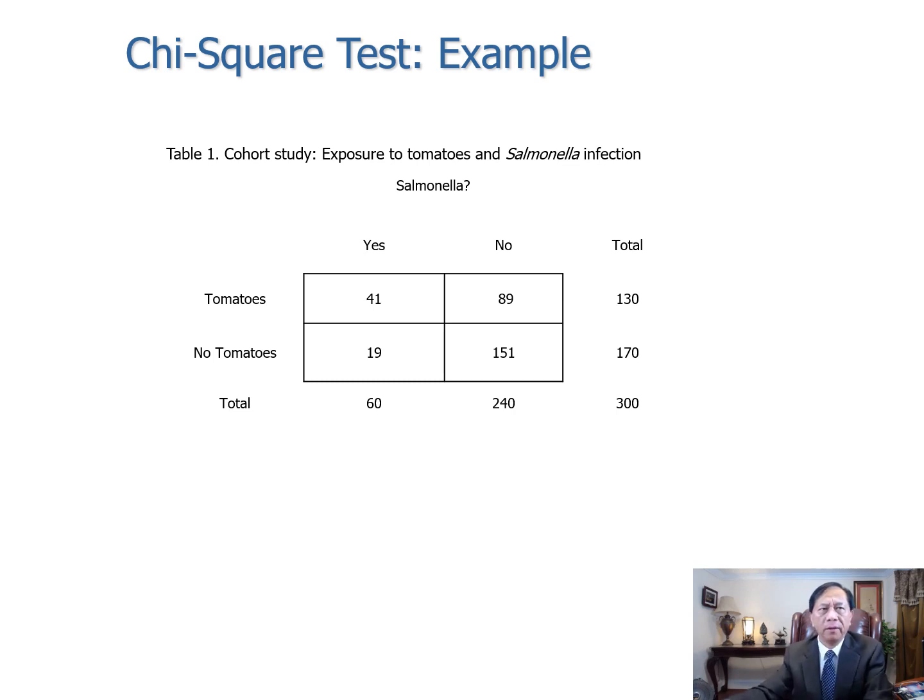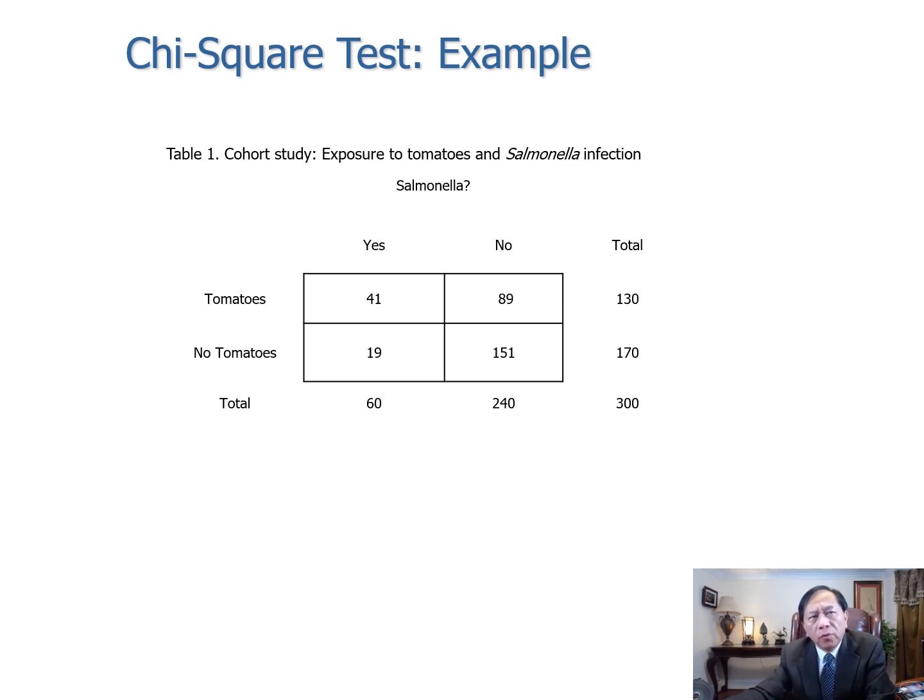Of the 300 people total, 130 had tomatoes and 170 did not. And of the 300 people, 60 were infected by salmonella and 240 were not.